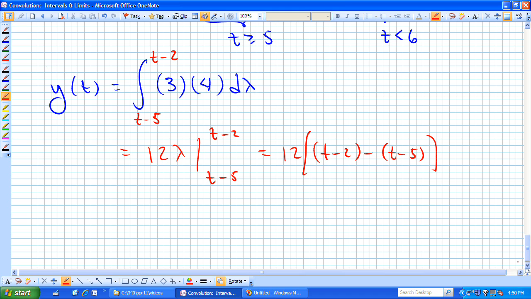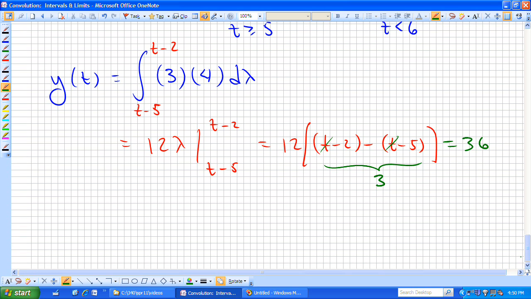The t's cancel, so let's clean this up. Inside here we have t minus t, and now we have minus 2 plus 5, which simplifies to 3, and we then end up with 36, a constant value.